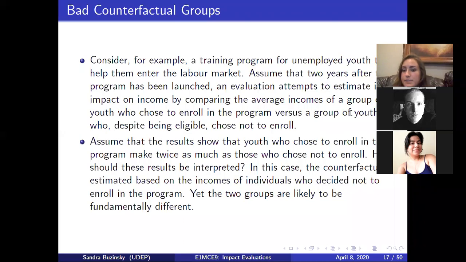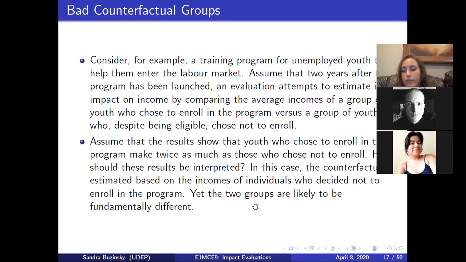How should these results be interpreted? Well, in this case, the counterfactual we chose is based on the incomes of individuals who decided to not enroll in the program. So you think that based on our observable characteristics, our groups are identical. But these groups are probably very different.